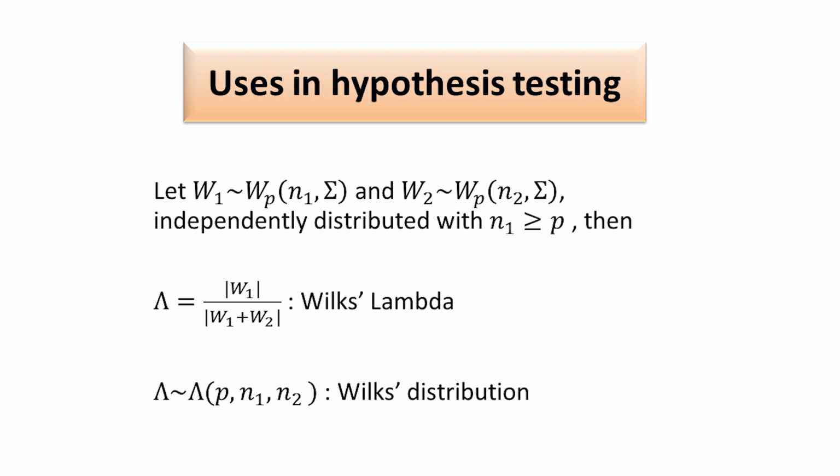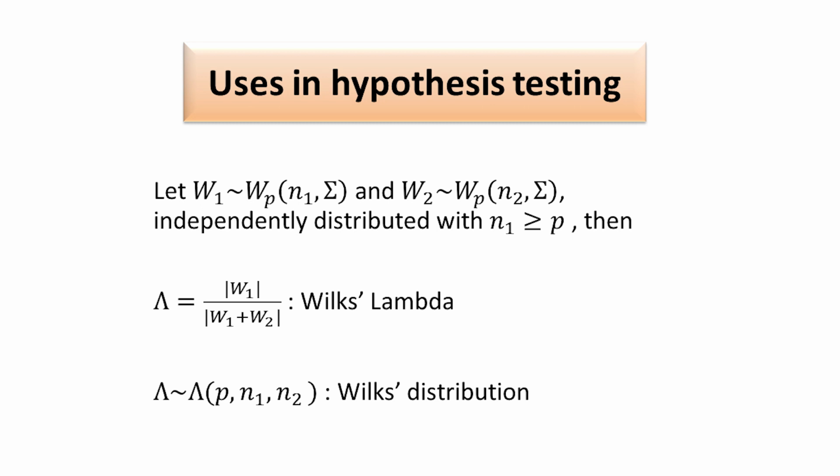And suppose N1 is greater than or equal to P. Then lambda defined as determinant of M1 by determinant of M1 plus M2 defines Wilks lambda, and this has the Wilks distribution with parameters P, N1 and N2.